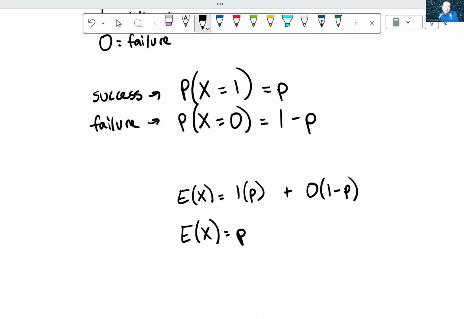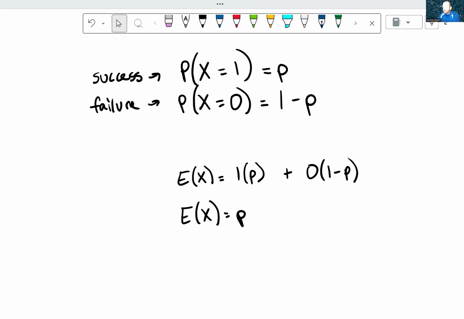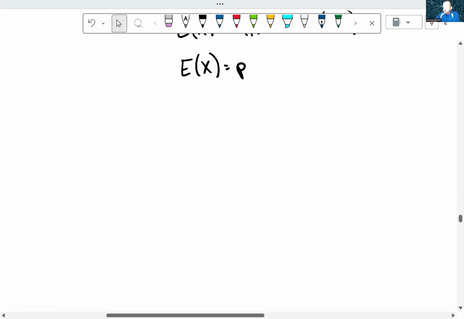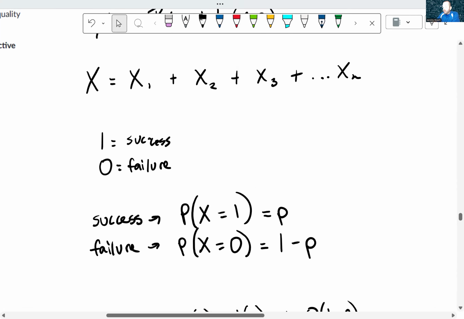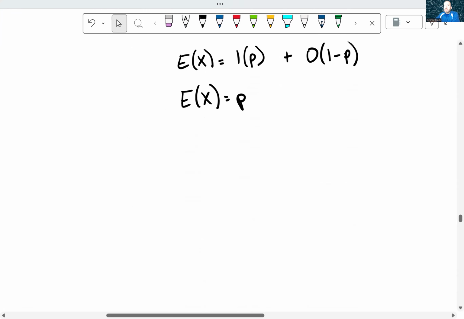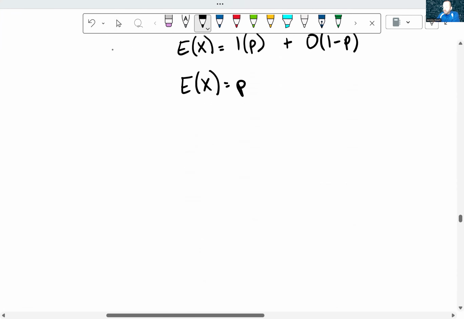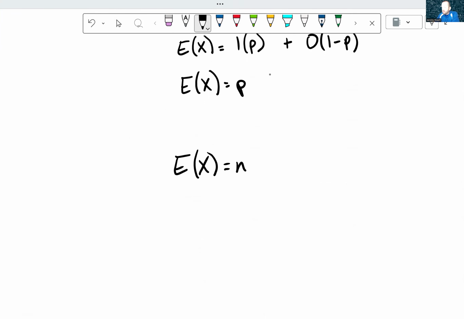So each trial contributes an average of p, is what we would say. If we did n trials, where n is the number of trials, because we were talking about earlier when we add x1, x2, x3 all the way to xn, then we would write the expected value as the number of trials times p, or np.